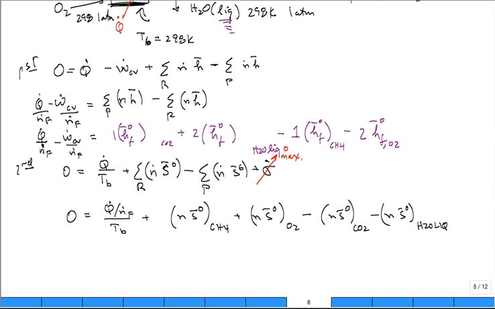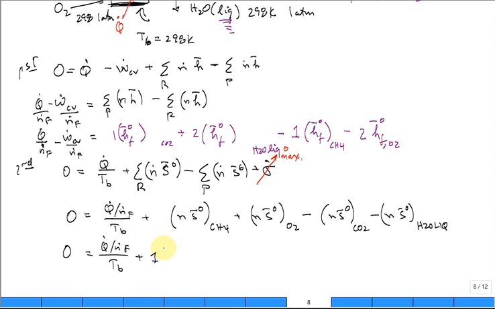All right. So let me draw it. Let me just try and not do too much algebra here. But what is it? Q dot divided by N dot F divided by TB. What is the coefficient in front of CH4? 1. What is S bar naught for CH4?